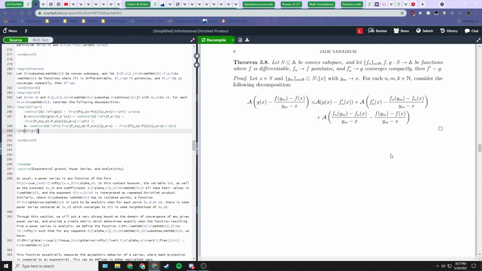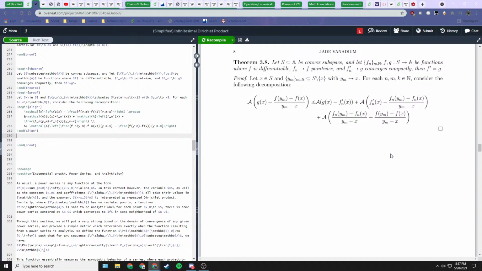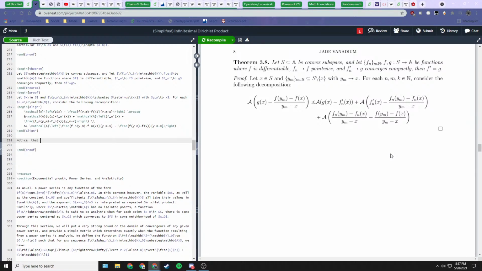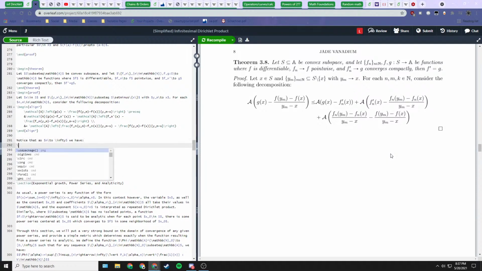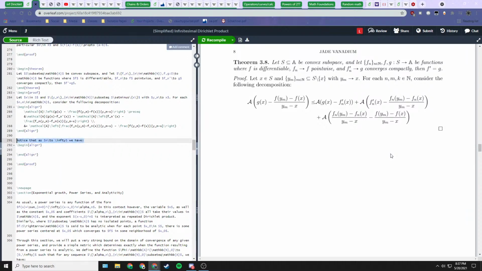Okay, and then as n goes to infinity, the first term, f sub n prime of x goes to g of x, implying a of g of x minus f sub n prime of x goes to 0.